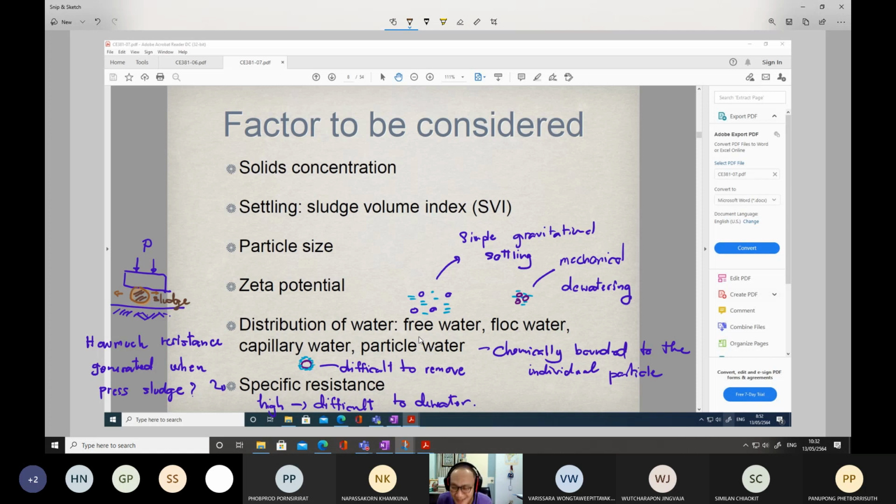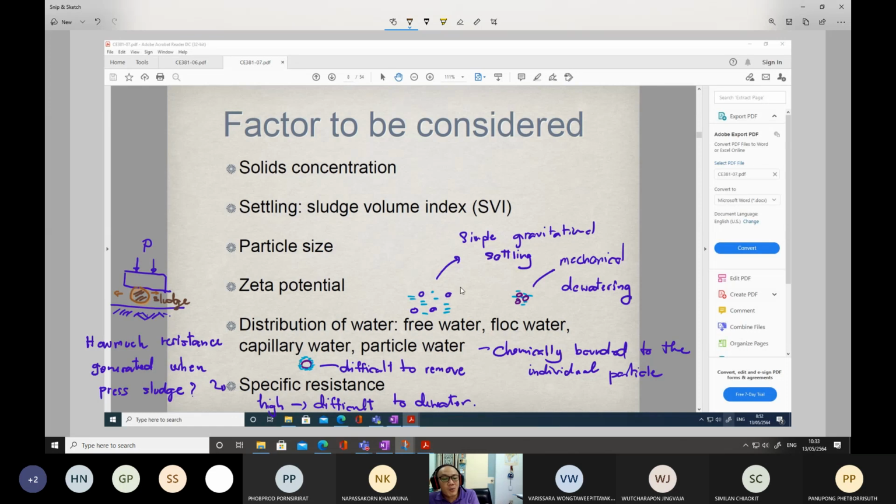So free water, it's something like this. Basically the sludge is just suspended in water. If it's like this, we keep this water and put it in the sedimentation tank, so that all these particles can simply fall down by gravity.